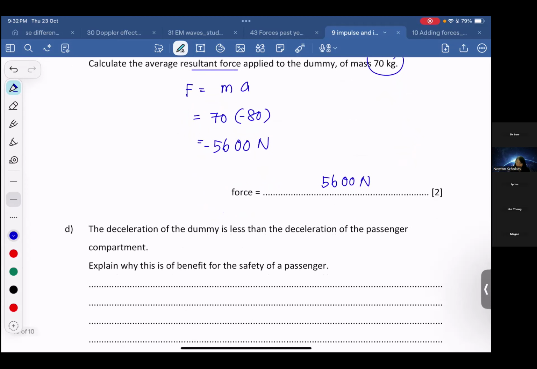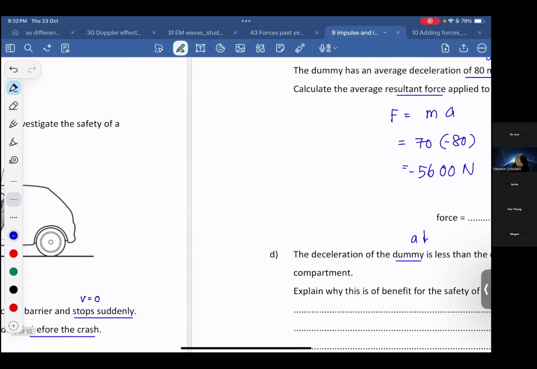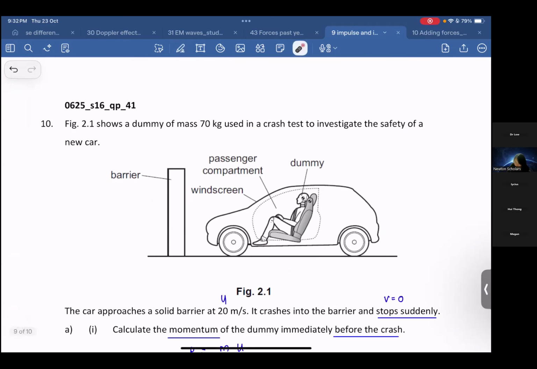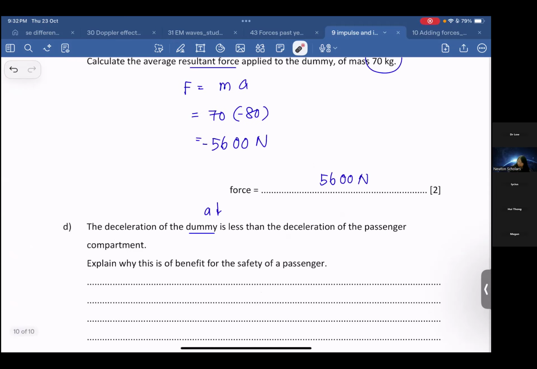Okay, here. Deceleration of the dummy, which represents the real person, is less. This value is less than the passenger compartment because we have the seatbelt. So compared to the passenger compartment, the dummy, because of the seatbelt and the airbag, has less deceleration.